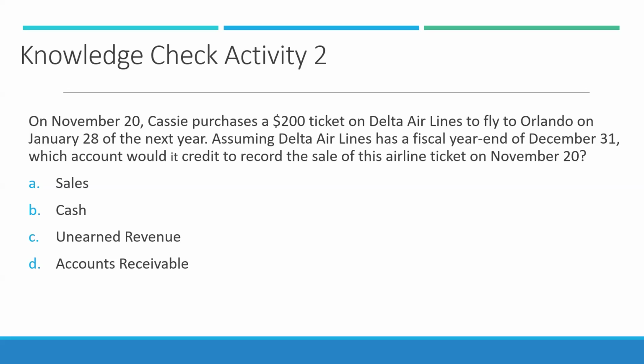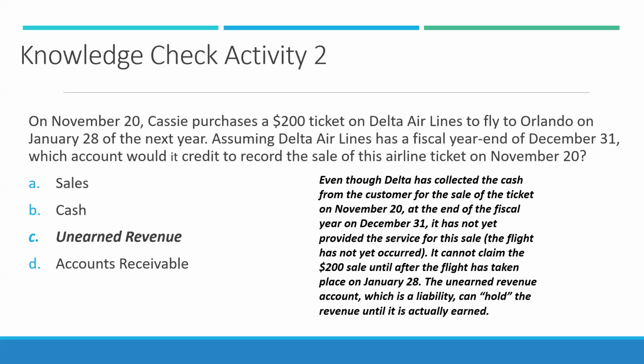We didn't have a car for the six of us. We only had a truck with a topper on it, so one person had to be in the back on the topper. Don't tell the police that. And it was like 20 below. Anyway, we made it. But that is a perfect example of why they can't show that as revenue until the flight actually takes place, because in that case, they had to give us our money back. Okay, so unearned revenue, excellent.